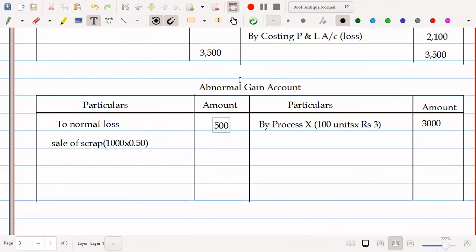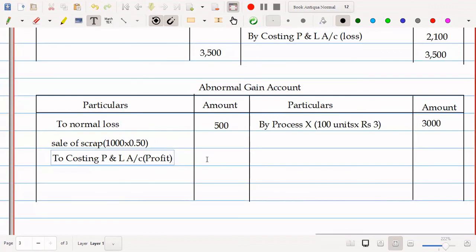But instead it is a gain which has a value of 3 rupees, that is 3,000 rupees. We have a profit of 2,500, transferred to costing P and L account.